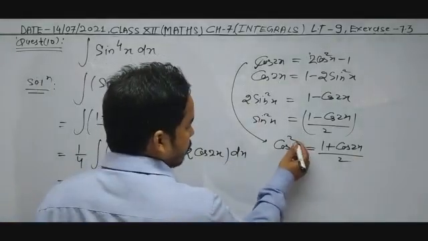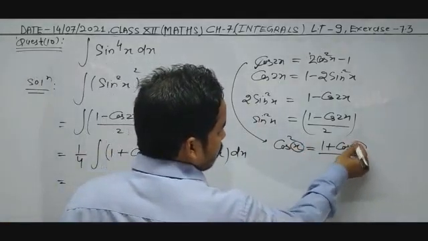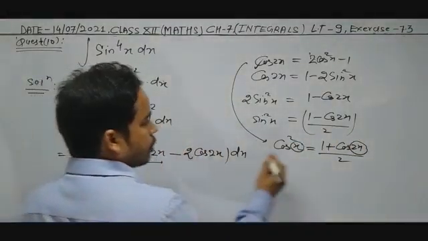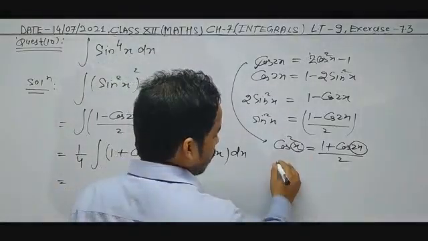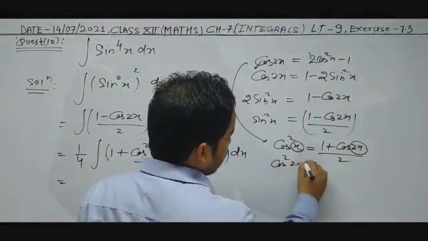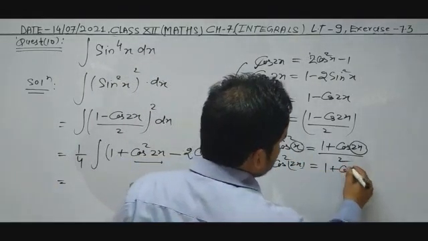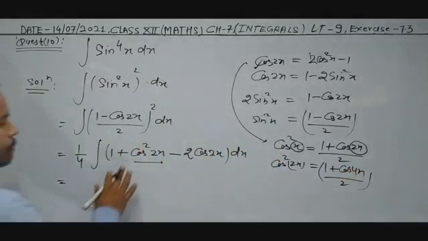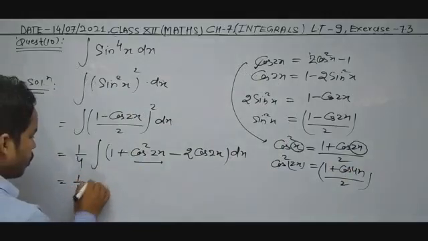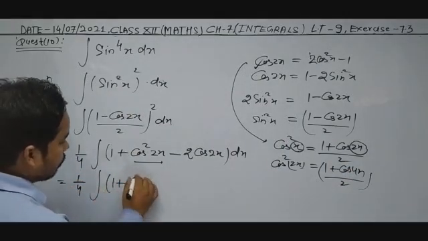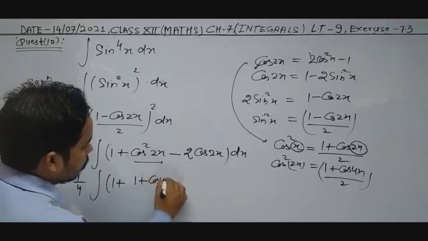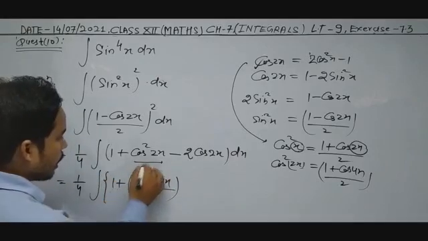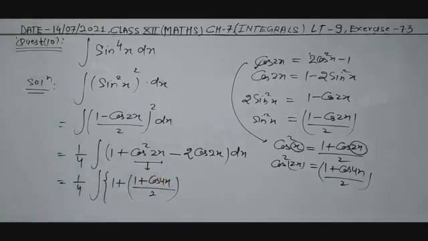When here is x, then in the right hand side there is 2x. So when you put 2x at the place of x, cos square 2x can be written as (1 plus cos 4x) by 2. Now you can put (1 plus cos 4x) by 2 at the place of cos square 2x.